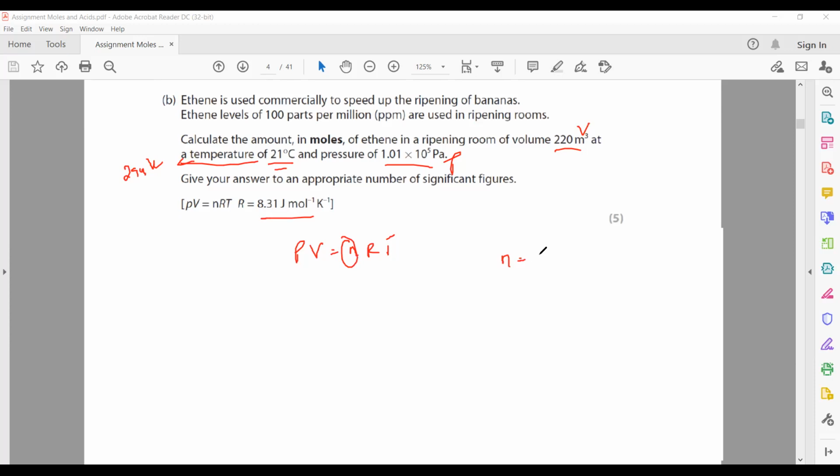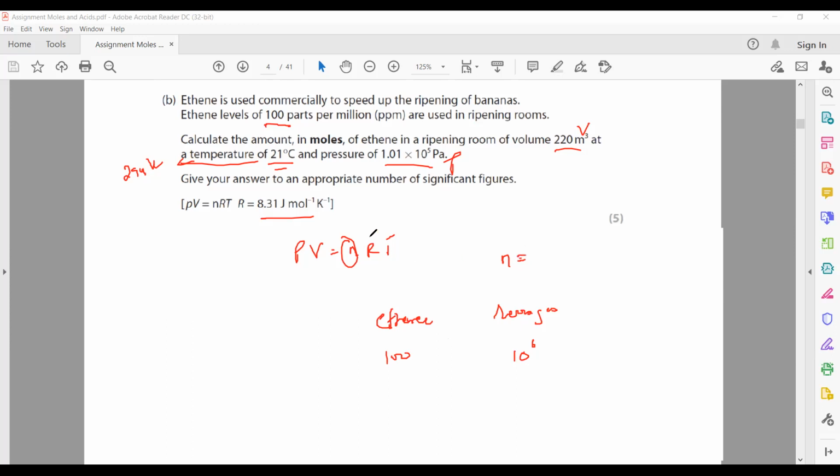After getting the number of moles, we know that in the room the ethene level is 100 parts per million. What does it mean? It means if you have ethene and other gases in the room, out of 1 million molecules, only 100 will be ethene.